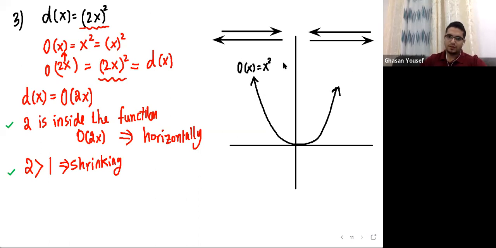Horizontally means like this, and shrinking means close to the y-axis. So it will be like this. So this is d of x. The red one is d of x equal to 2x, everything square.